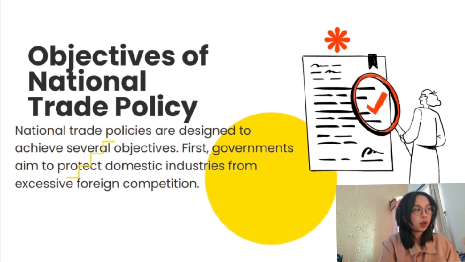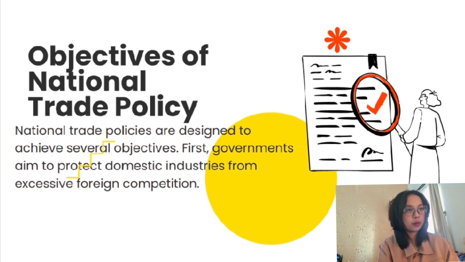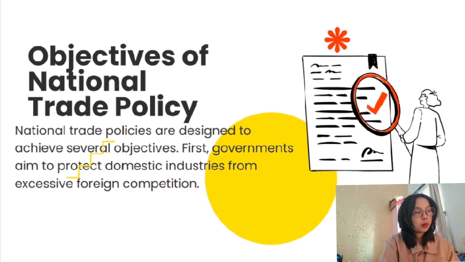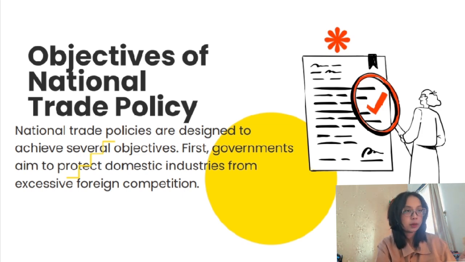Third, trade policy can help reduce a trade deficit by controlling import and promoting domestic production. In addition, governments use trade policies to increase employment opportunities and support local business. By strengthening domestic industries and improving export, trade policy contributes to long-term economic stability.